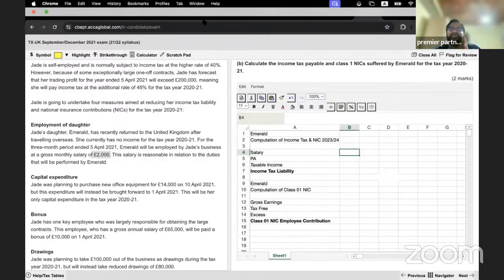Right. Now, starting with income tax, the only source of income that Emerald is going to have is what? Only salary, right? So she is getting a salary of 2,000 pounds per month. That is also only for 3 months, because we are talking about only a 3-month period. We are already in mid-December. So only Jan, Feb, March, she will have a salary for the current tax year. Are you all agreeing with that?